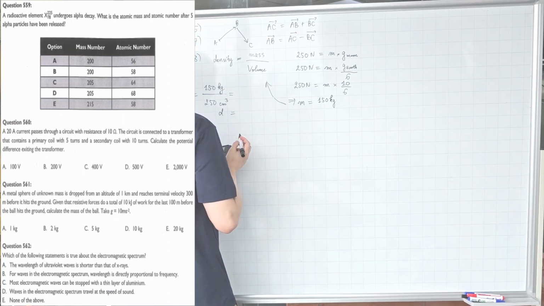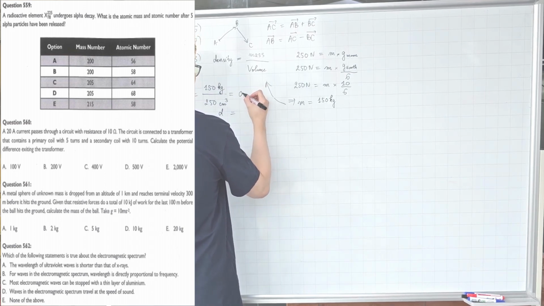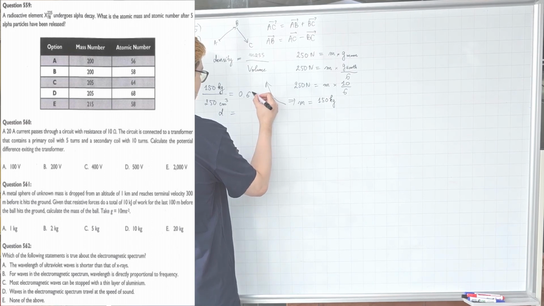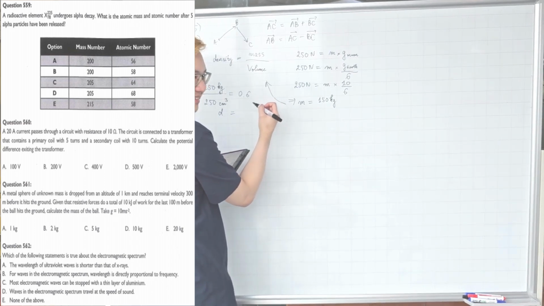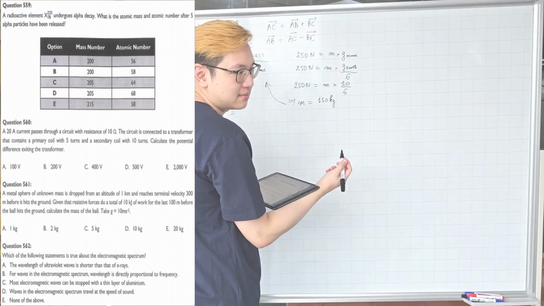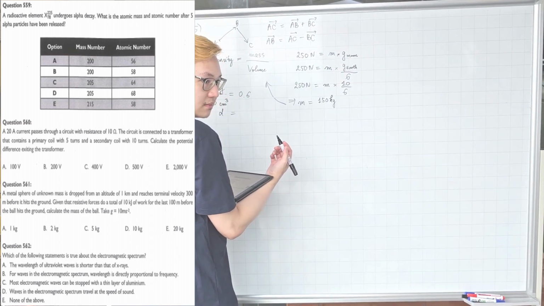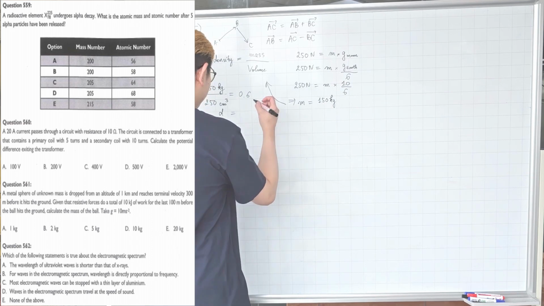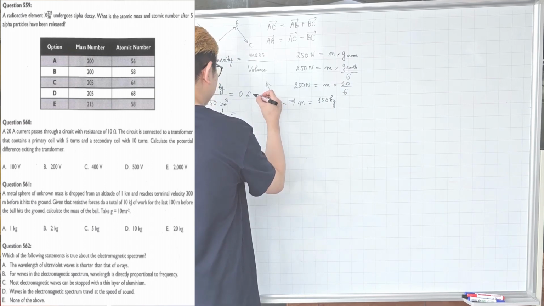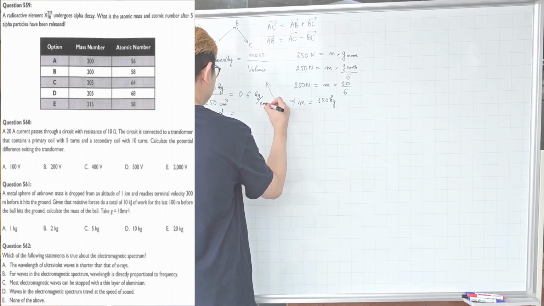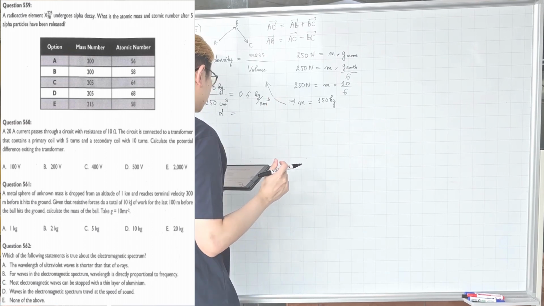So the answer should be 0. What's the number after that? I need that. Just 0.6, right? Really? Okay, so the answer is C, isn't it?